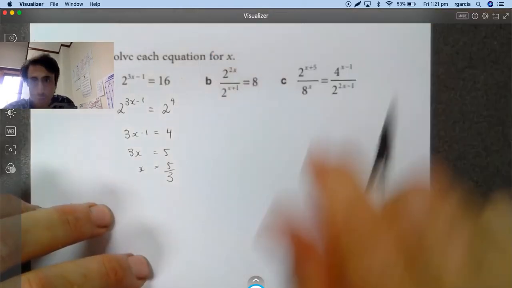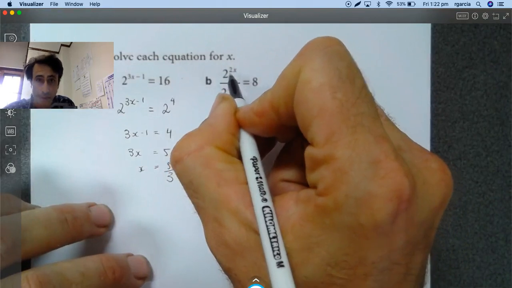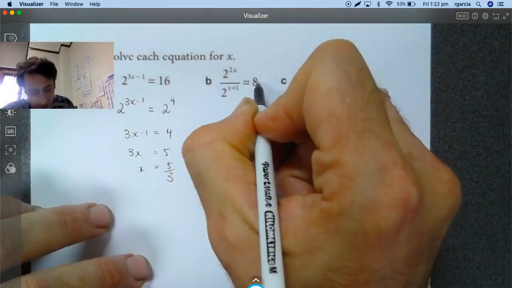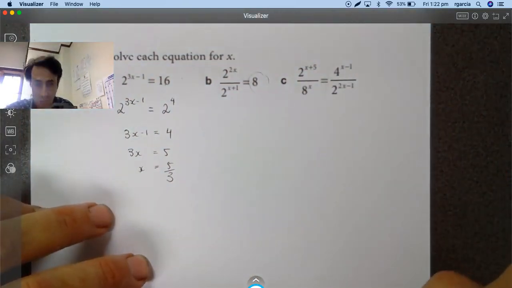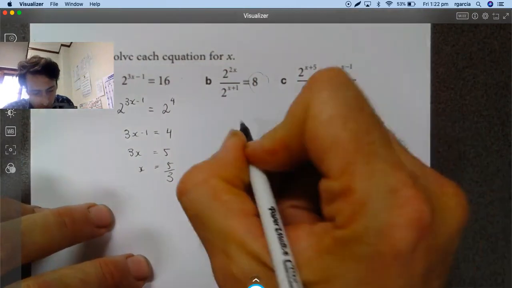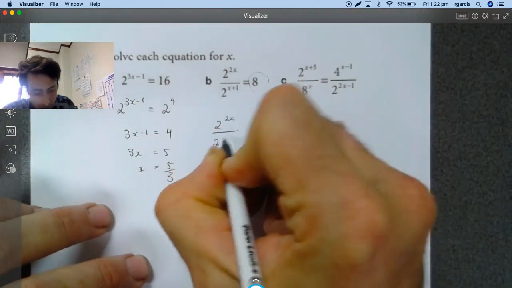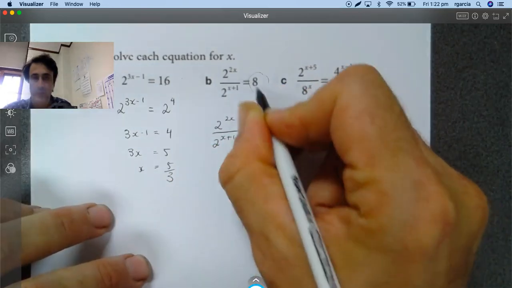If we have 2 to the 2x divided by 2 to the x plus 1 equals 8, we're doing the same again with that 8. We're turning it into a power of 2. So that means 2 to the 2x over 2 to the x plus 1 equals 2 to the power of 3.